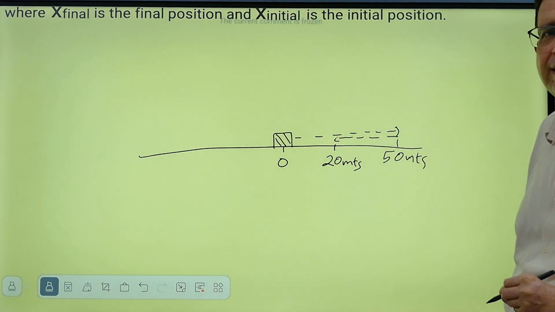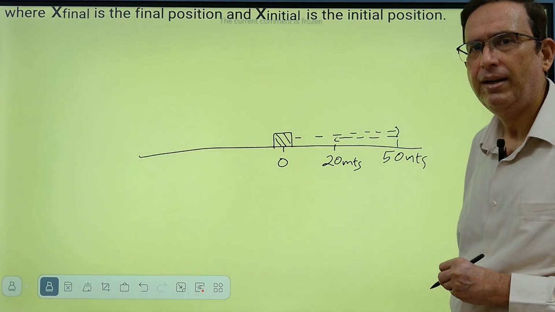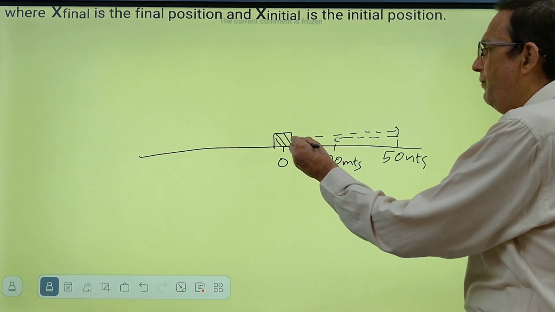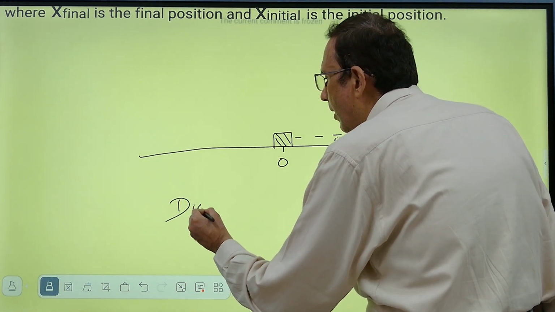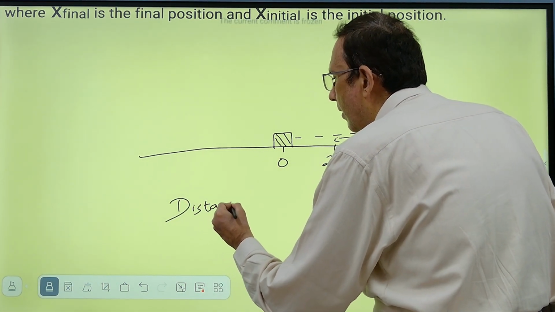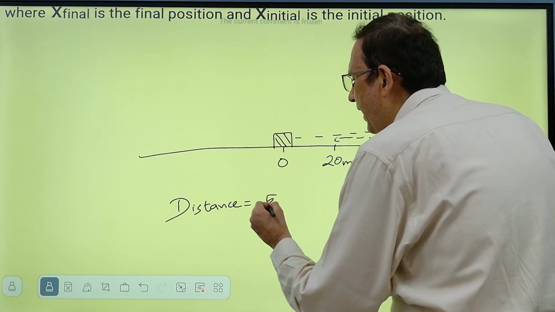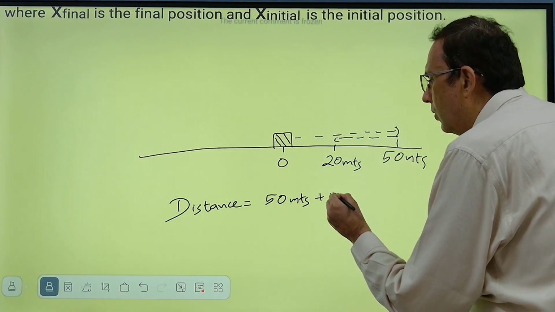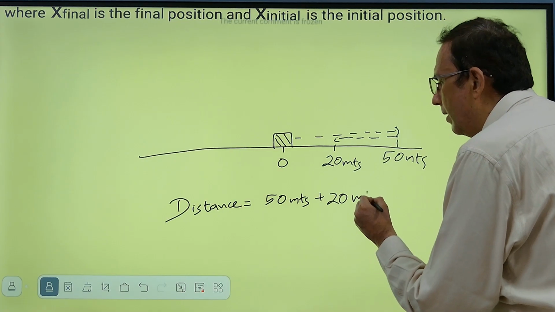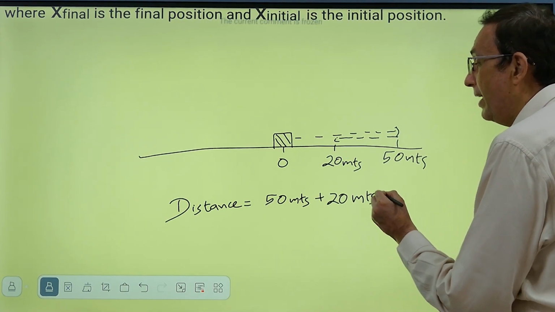So what is the distance that he has covered and what is the displacement? So the distance is basically 50 plus 20. So distance is 50 meters plus 20 meters, rather 30 meters.